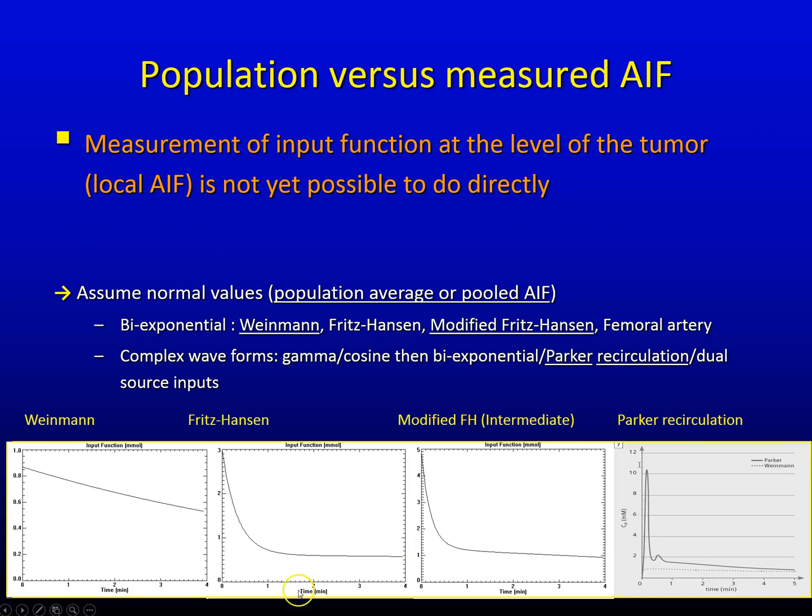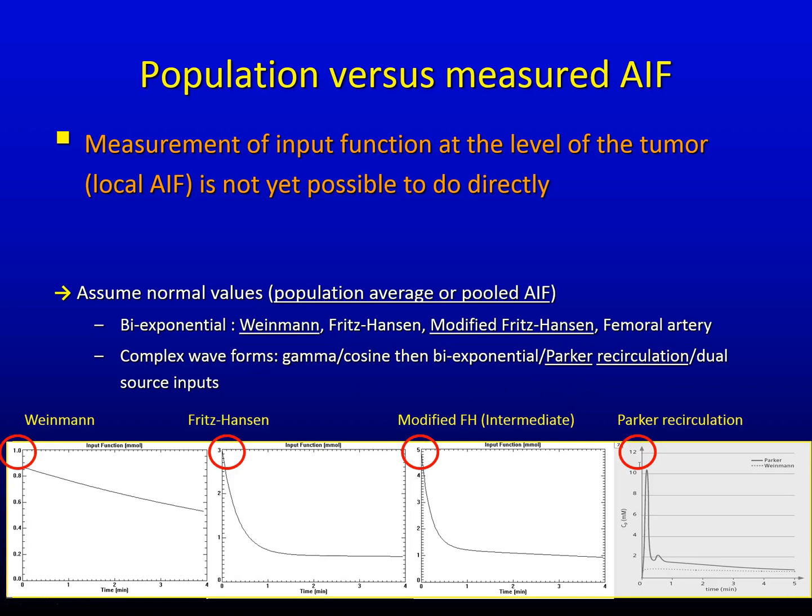Now, the first three, the Weinmann, the Fritz-Hansen, and the modified Fritz-Hansen, are examples of what are called bi-exponential waveforms, or you can have a more complex waveform such as the Parker recirculation.